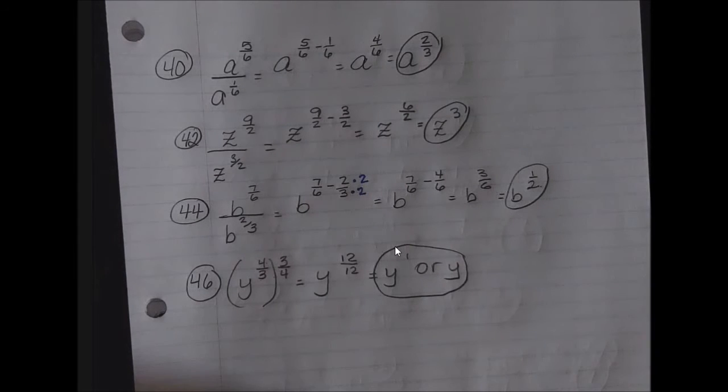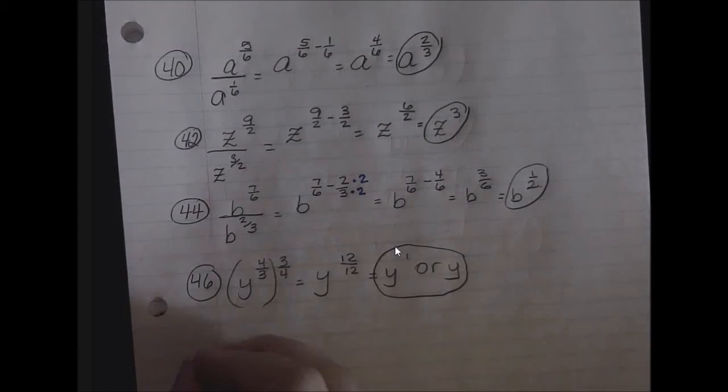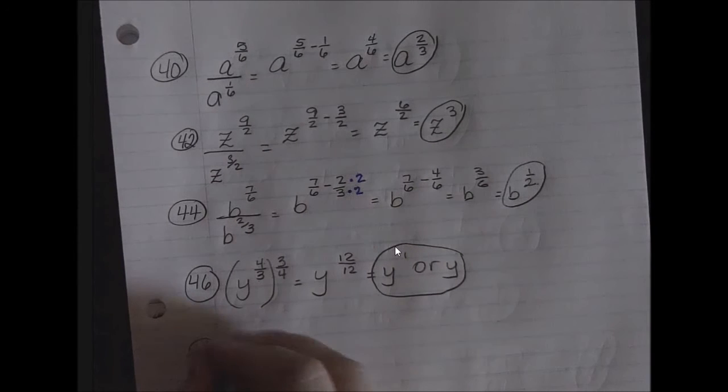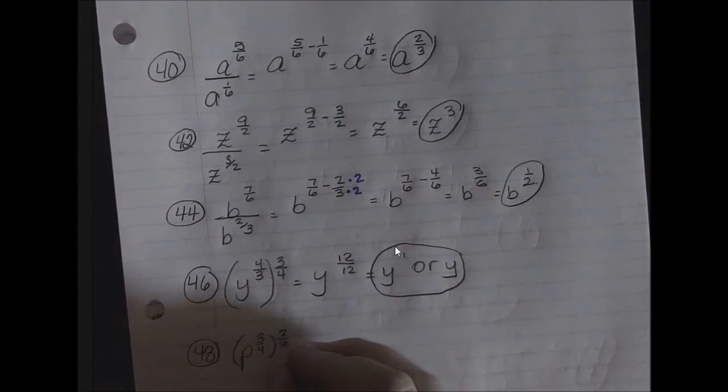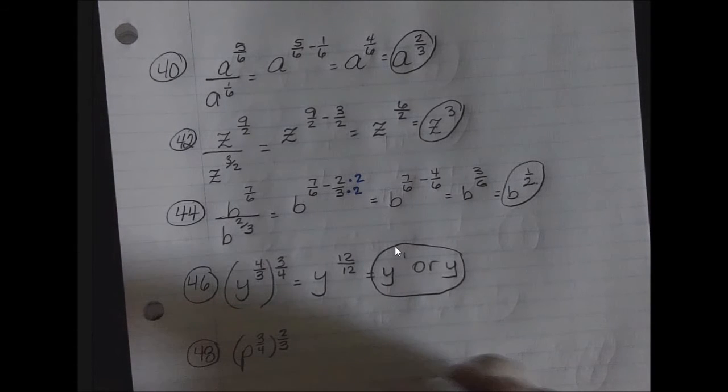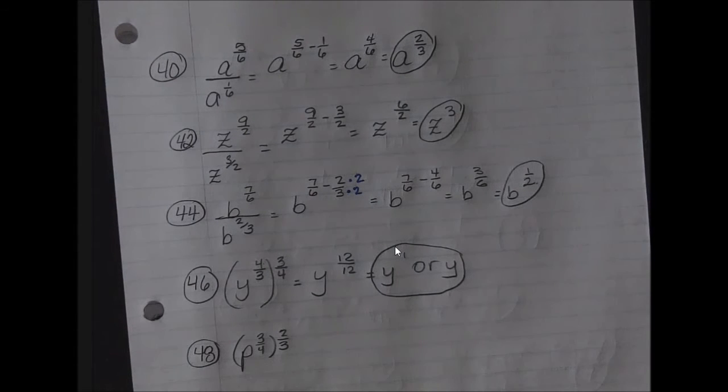So when we look at number 48, we have p to the 3/4 raised to the 2/3 power. So remember, when we are raising a power to another power, you multiply those exponents.